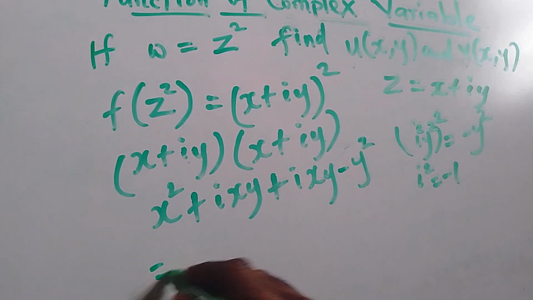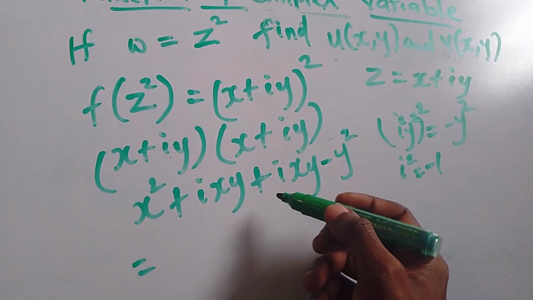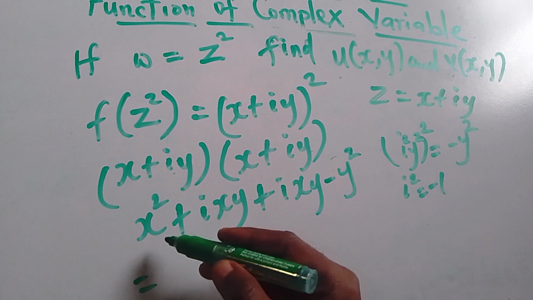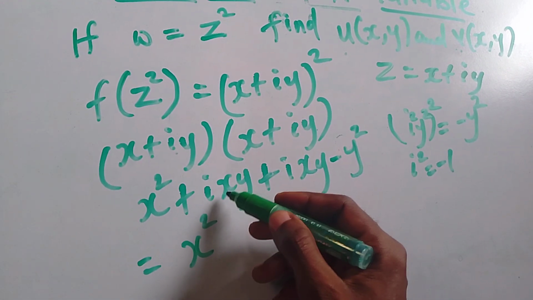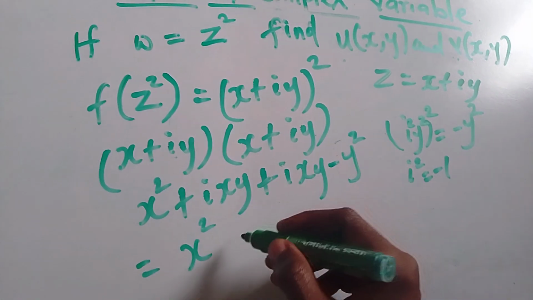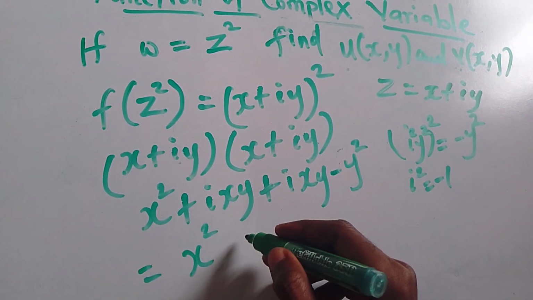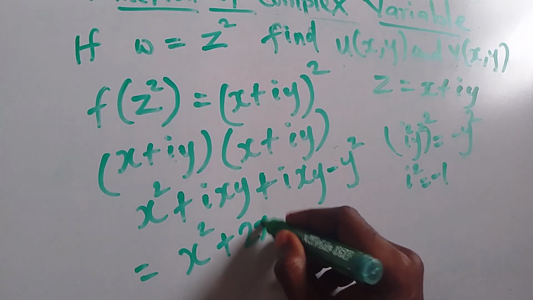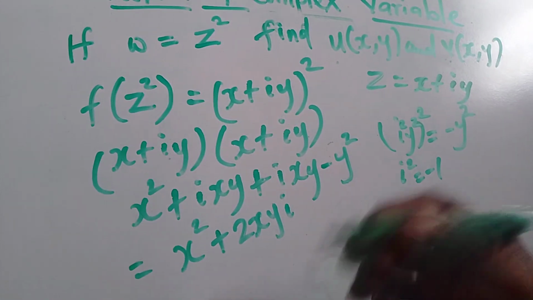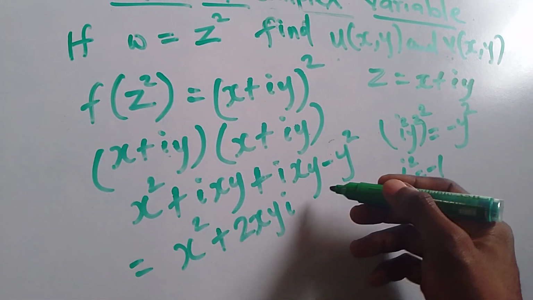So now at this point, we collect our like terms. We have x square here, then ixy plus ixy, that will be plus 2xyi, so you can just take the y to the back.